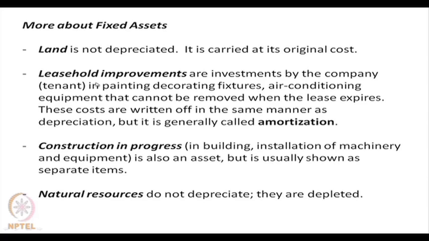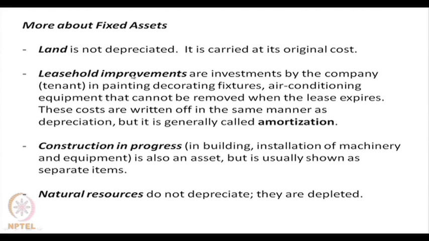Naturally, during the lease period, it might spend a certain amount to make the building habitable and usable by them, and when the lease expires, these fixtures or air conditioning or painting that is done, they cannot undo. So, this is the amount they had invested in the leasehold improvements activities.